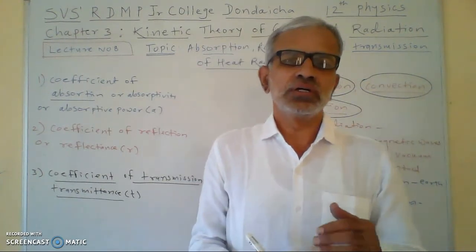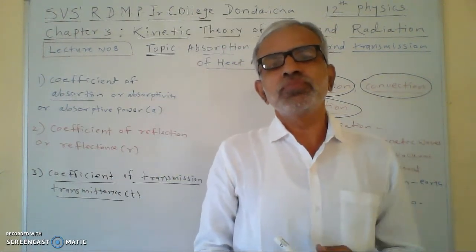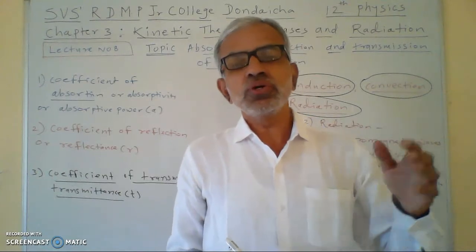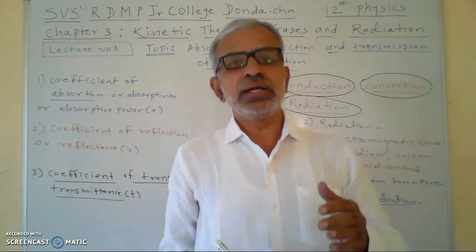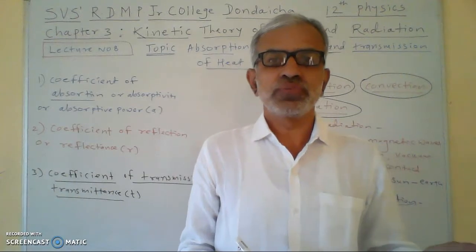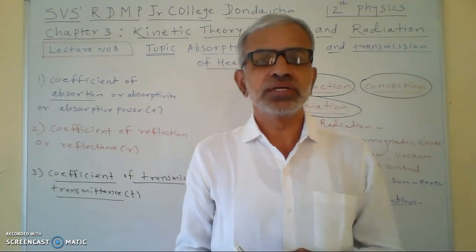Radiation means heat can be transferred by using radiation without any material medium, and the heat can travel through the vacuum also, and therefore from the sun to the earth we get the heat.